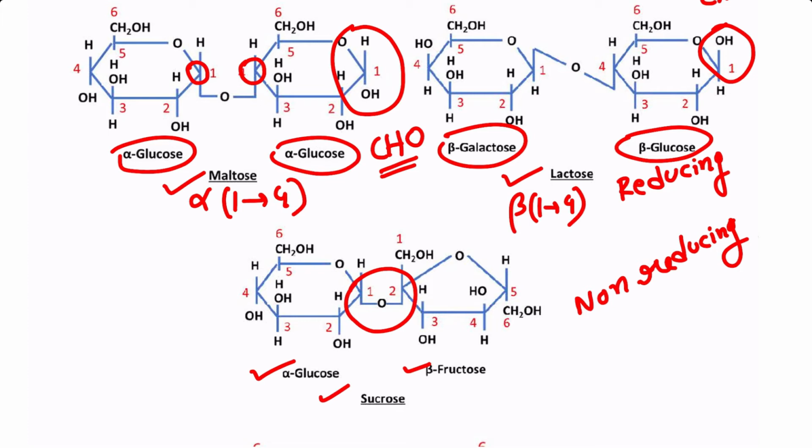In this disaccharide, C1 of beta galactose and C4 of beta glucose are involved in the linking process.